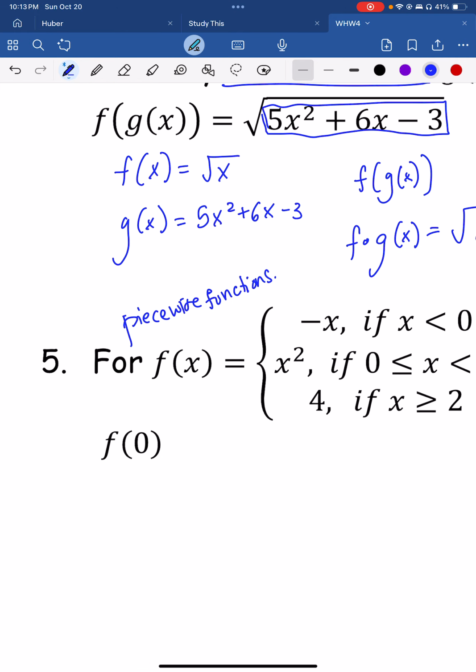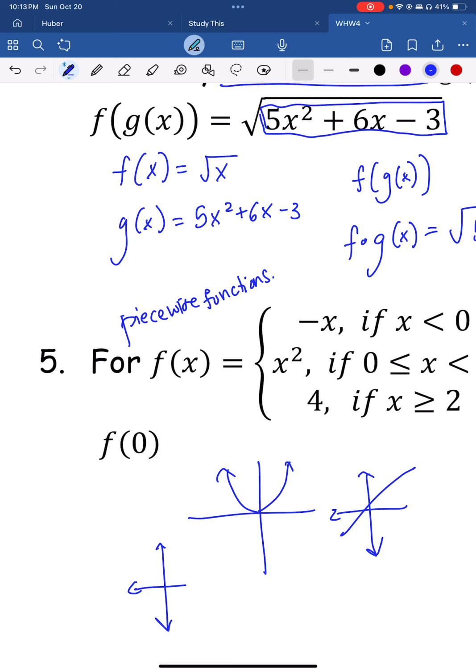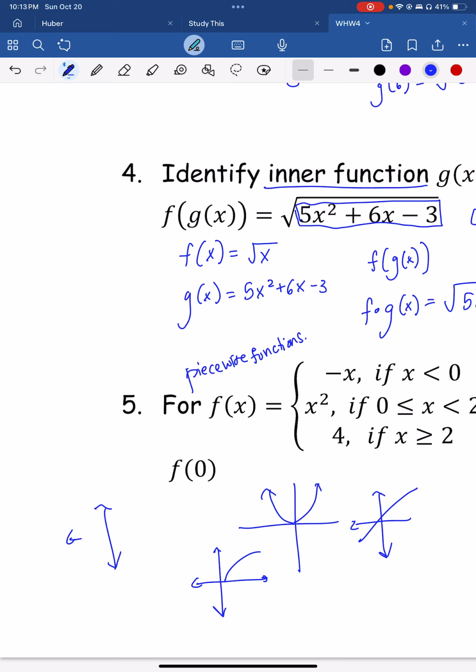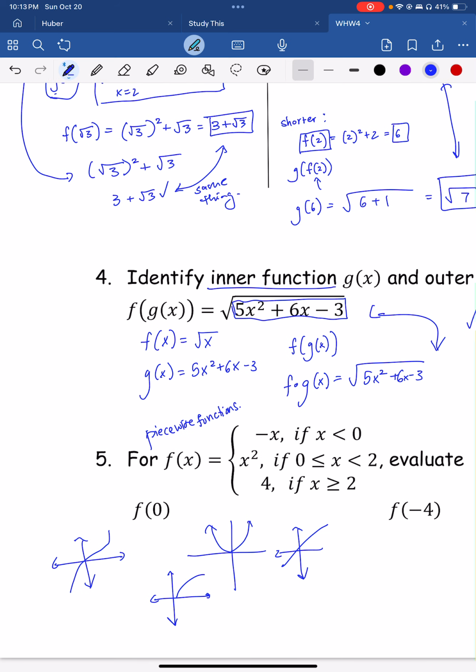The hard part about piecewise functions is that in order to graph them, you need to be able to visualize each parent function. By parent function, I mean like x squared, the linear, the radical, x to the third, and there are other ones, but they're not really that important right now.